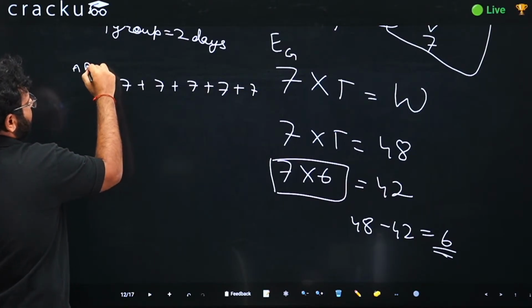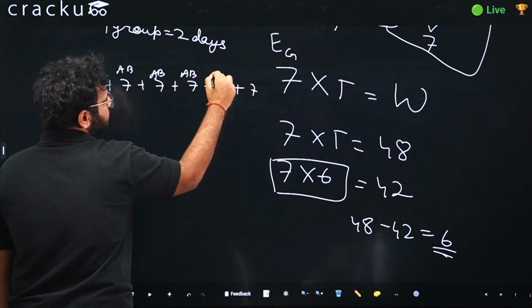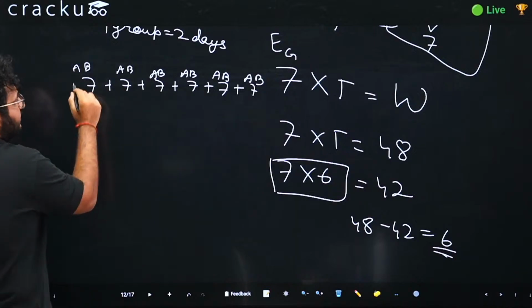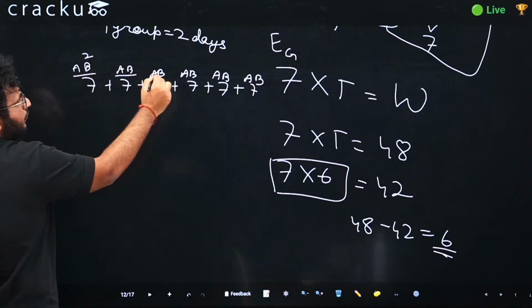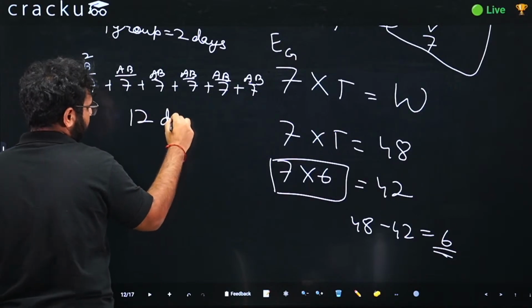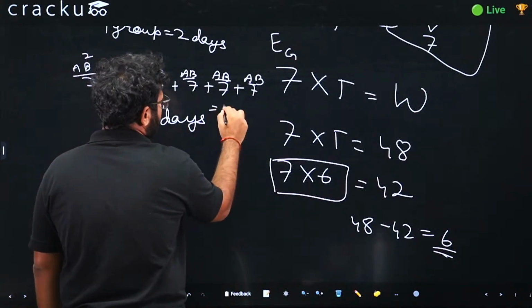Here AB worked, here AB worked, and so on. Each group is 2 days, so 2, 4, 6, 8, 10, 12. So they worked for 12 days to complete a work of 42.